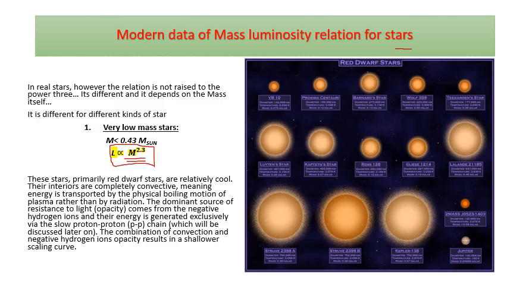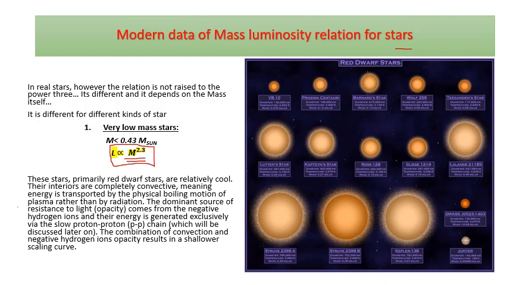The dominant source of resistance to light that comes out of this red dwarf star is from these negative hydrogen ions inside the plasma, and their energy is generated exclusively via the slow proton-proton chain reaction that I am going to discuss in the next lecture.